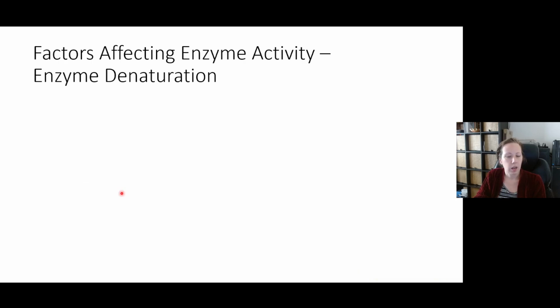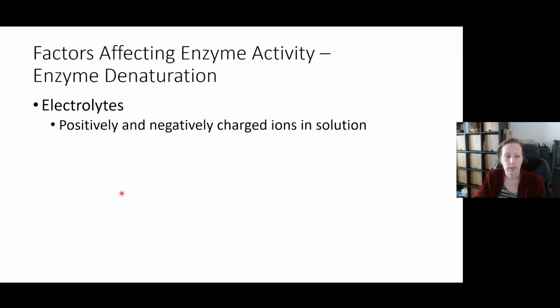Okay, and then a third way to affect enzymes through denaturation is through electrolytes. And so electrolytes is just a fancy name for the positive or negative charged ions in solution.